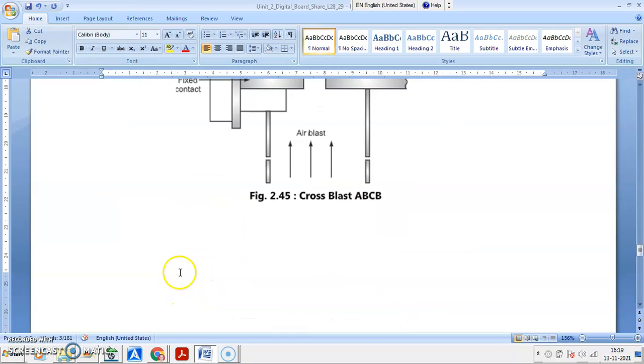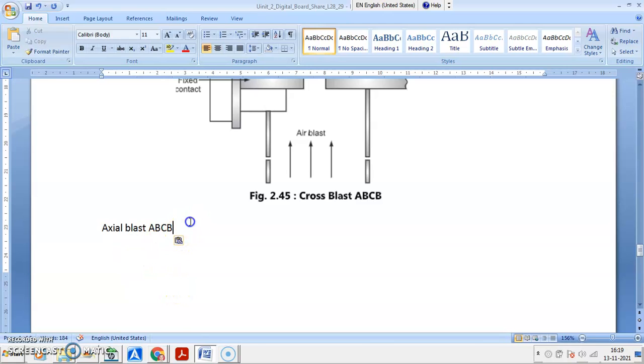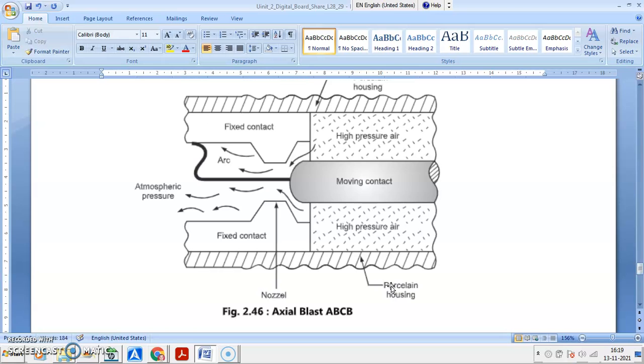Another type of air blast circuit breaker is the axial blast circuit breaker. You can see the diagram. Are you able to see this?